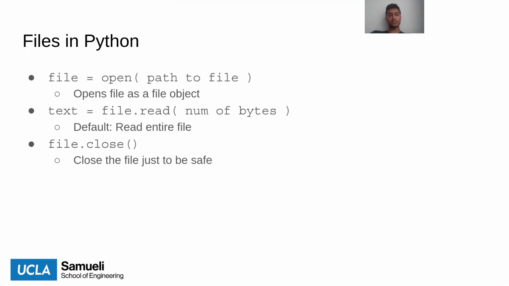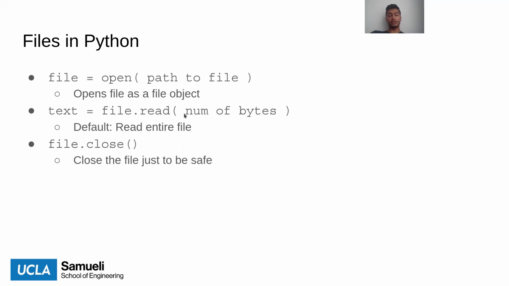So first things first, let's review how to read files in Python. You've got the path to the file. You input that path and use open on it, and it'll output a file object. Then you get the text within the file by doing file object dot read, and it'll output a string with the text.